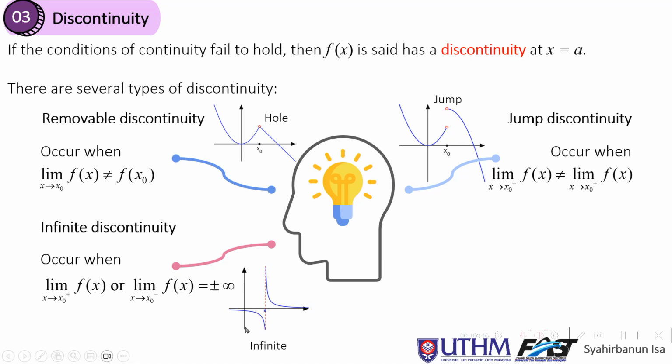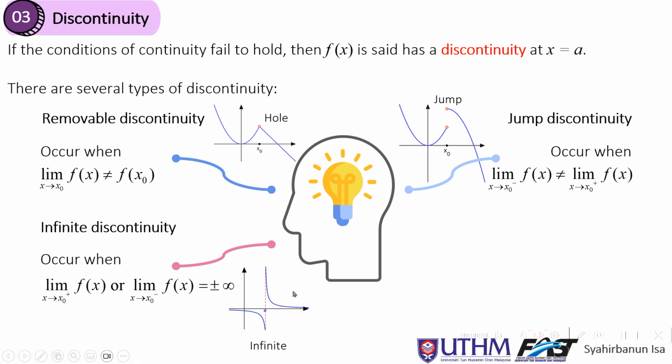At the point a, or point x naught, the limit of the function approaches positive infinity on the right hand side.